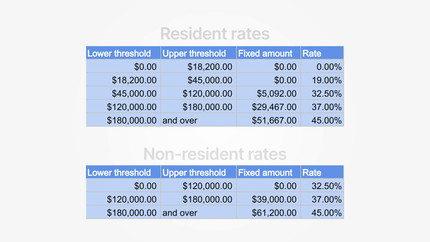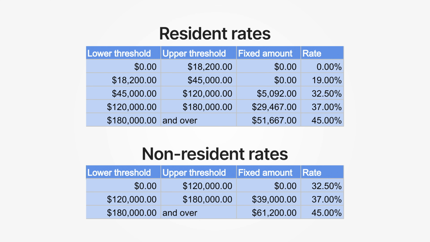Not only is there no tax-free bracket, but there is also no bracket taxed at 19% as there is for residents. Immediately, foreign residents are paying 32.5%. The rest of the brackets are identical, with 37% from 120,000 to 180,000 and 45% from 180,000 and over.